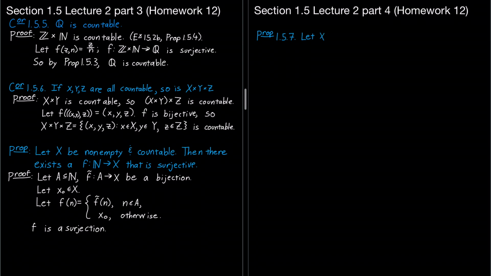Let X be the union of countably many sets, and suppose that each Xn is countable. Then X is countable.